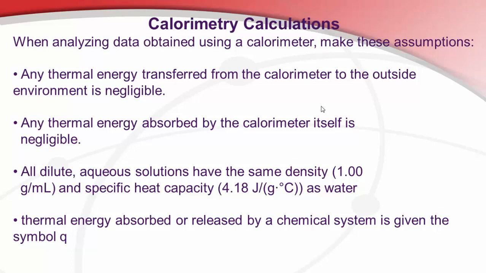Obviously there's a source of error there, because any object is going to have some absorption. Now you're going to make the assumption that any aqueous solutions have the same density and specific heat capacity as water. So that means 1 gram per milliliter and 4.18 joules per gram per degree Celsius.